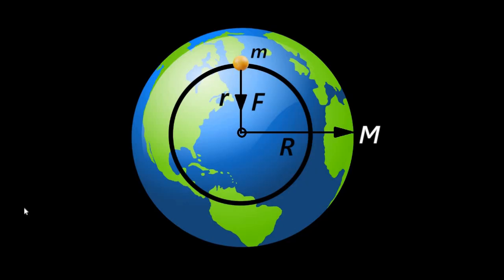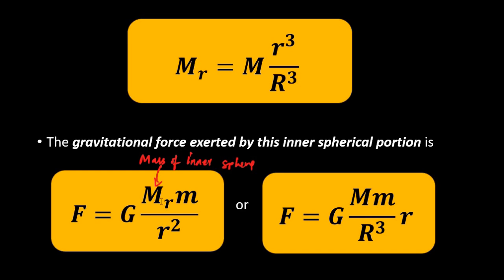The separation distance between them is small r. So this is the expression, G Mr m by r square. When we substitute Mr with M small r cube by capital R cube, it becomes F is equal to G capital M small m by capital R cube multiplied with small r.